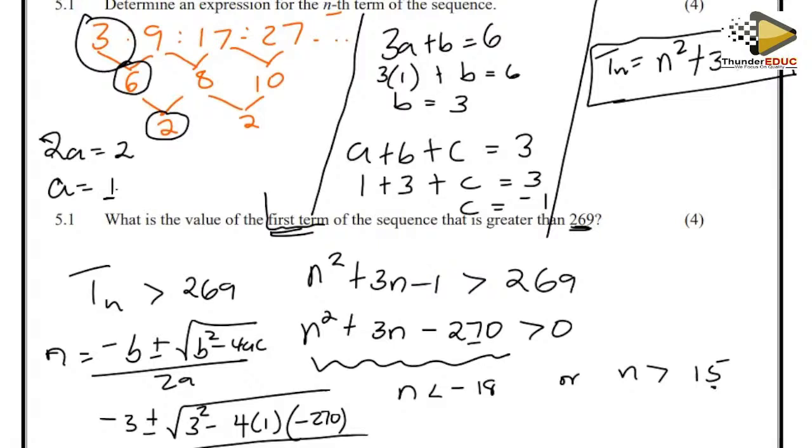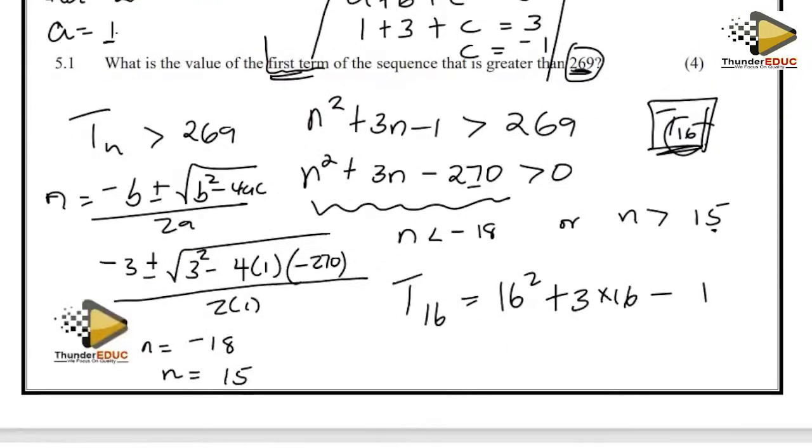And the first term that is greater than 15 is going to be T16, the 16th term. So this is going to be the first term that is greater than 269. Then I'm just going to say T16, and then I do the substitution. So 16 squared plus 3 times 16, and then minus 1. That gives me 303.